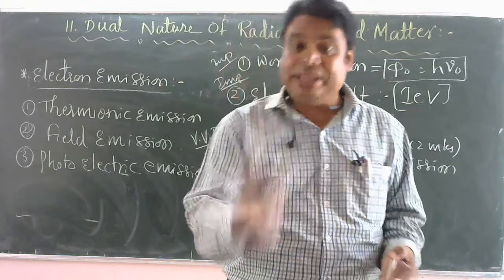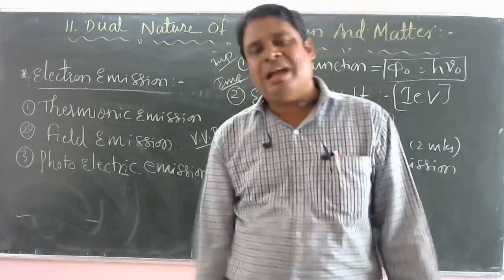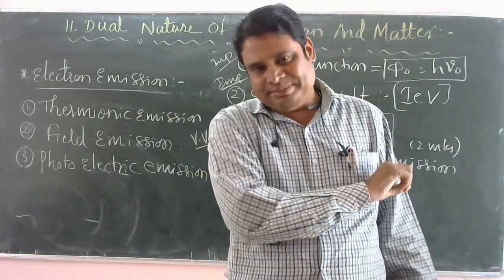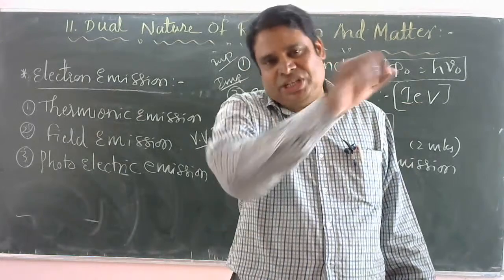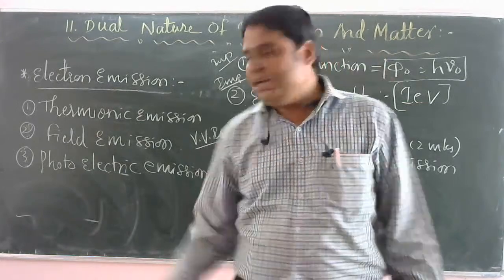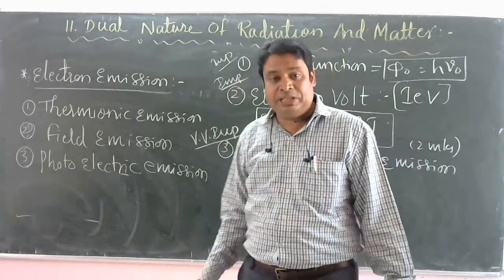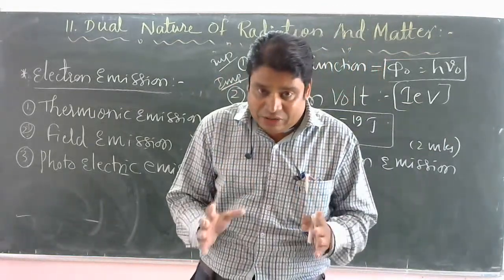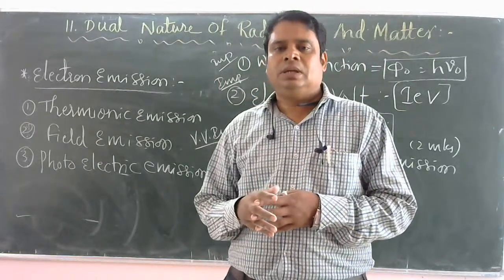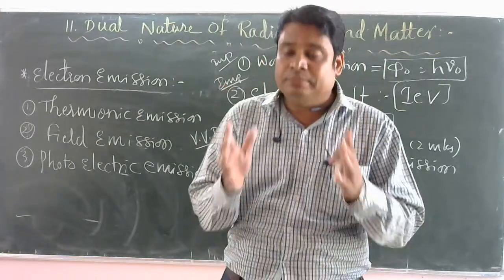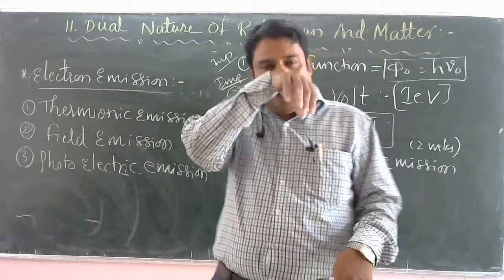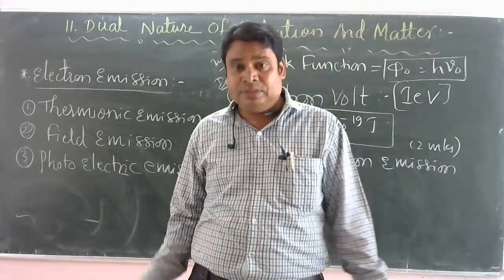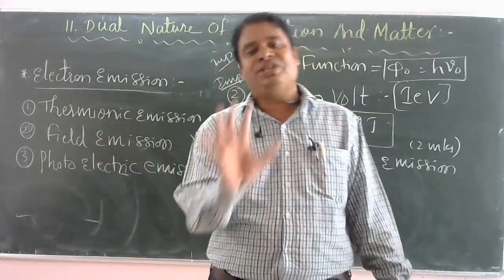Heat is a form of energy. By supplying energy, you can remove electrons. It is a process of liberating electrons from a metal surface by supplying heat energy.